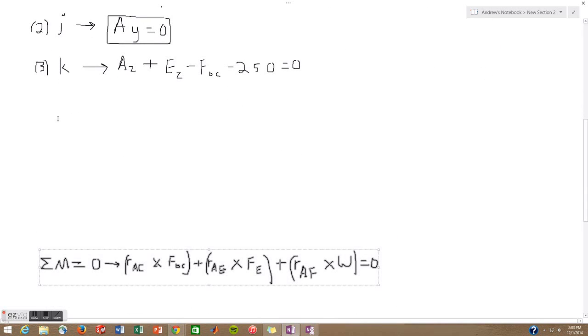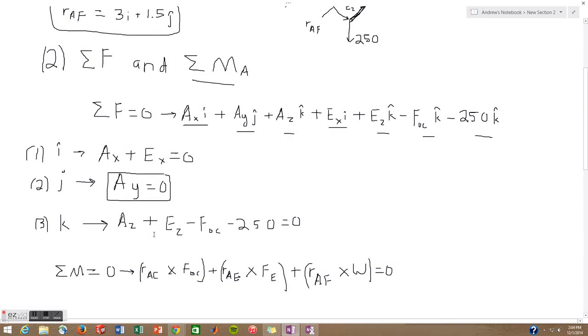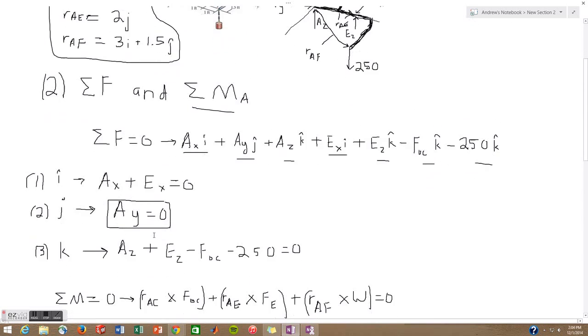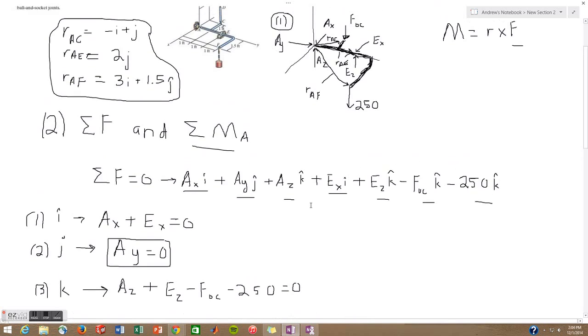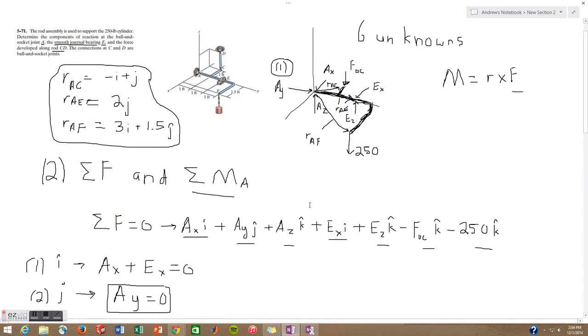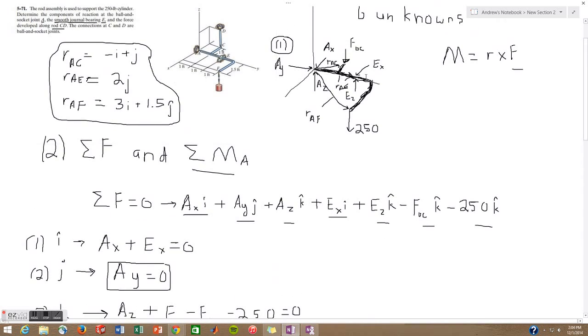I also did this ahead of time to save some time. This is just the components for some of the moments. Remember, it's going to be the distance from the axis, which we said was A, to the force, so RAC cross the rod.